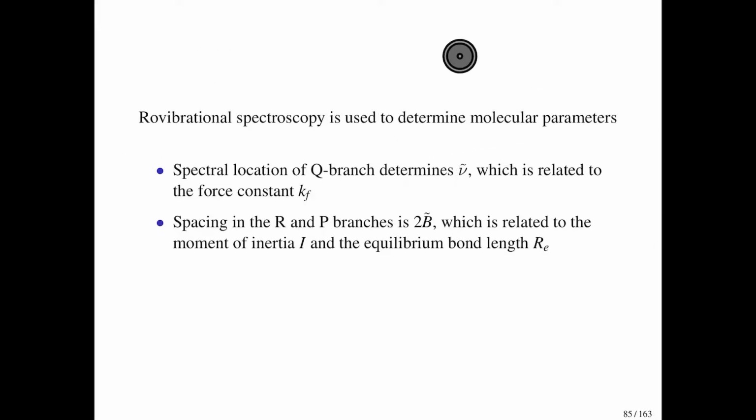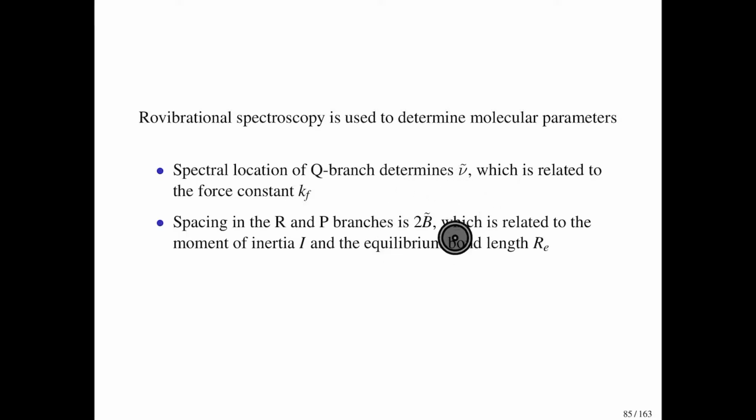What can you do with this high resolution spectrum? Well, you can determine the molecular parameters. So you can use the location of the Q branch to determine the force constant for the vibrational motion of the bond in the diatom, and then you can use the spacing in the R and P branches to determine the rotational constant.